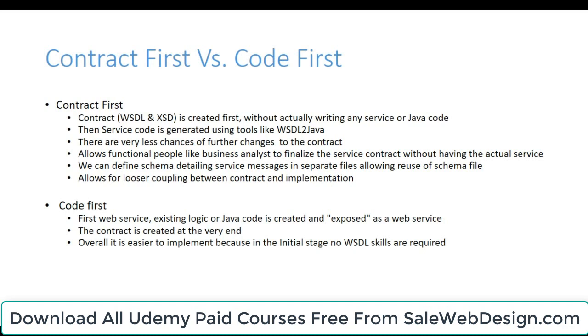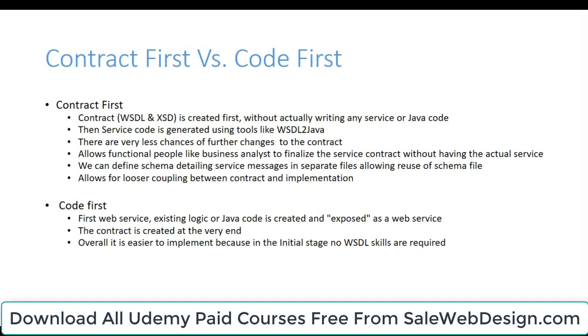In the contract first web service, the contract, which as I mentioned earlier is the WSDL, having definition of operations and endpoints, and XML schema of the messages is created first, without actually writing any service or Java code, which is actually, in other words, implementation of that contract.